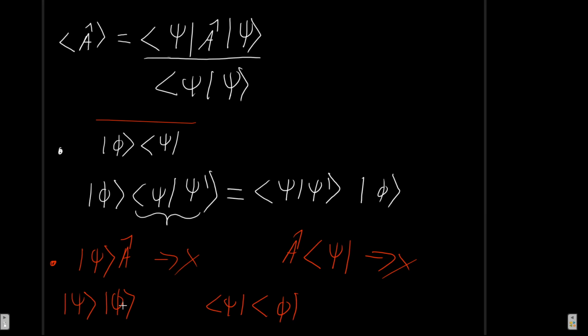And I think I forgot to tell you the reason. That is because these kets are going to be just column vectors and these bras are row vectors, so these multiplications don't make sense. You can't multiply two column vectors, you can't multiply two row vectors. That's the reason behind that.